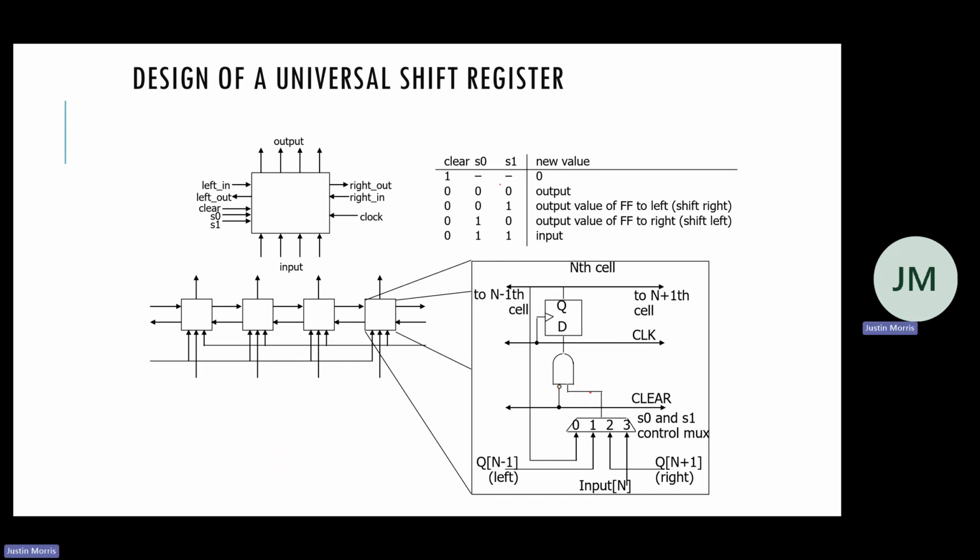So that's where these selectors are coming in. If I'm 0, 0, I just keep my output. Nothing happens. None of my shift registers change.